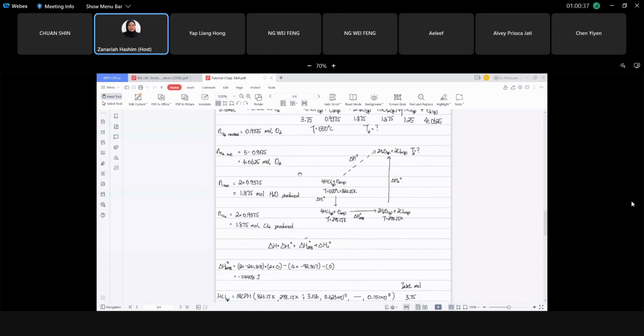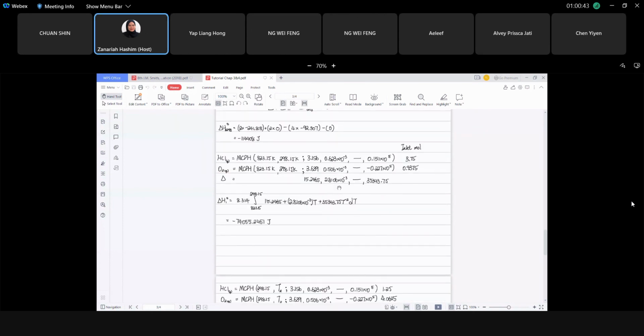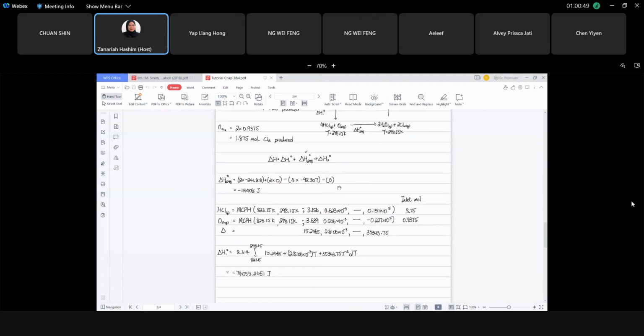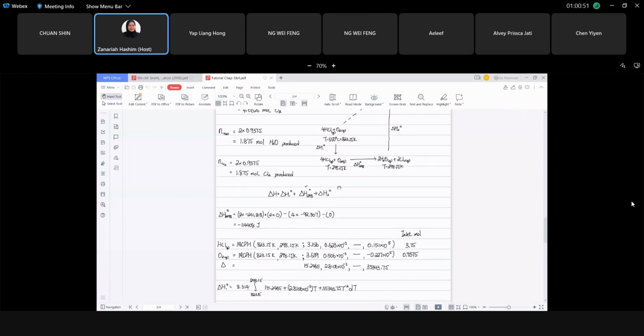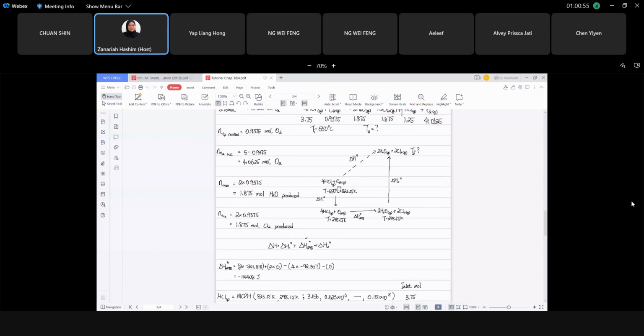So it's a bit tricky there. Basically the step is correct. You just have to calculate again the actual mole numbers in the inlet, how many reacted, and also the outlet.